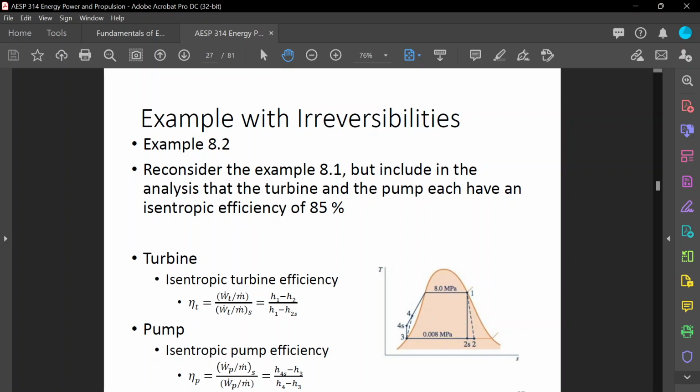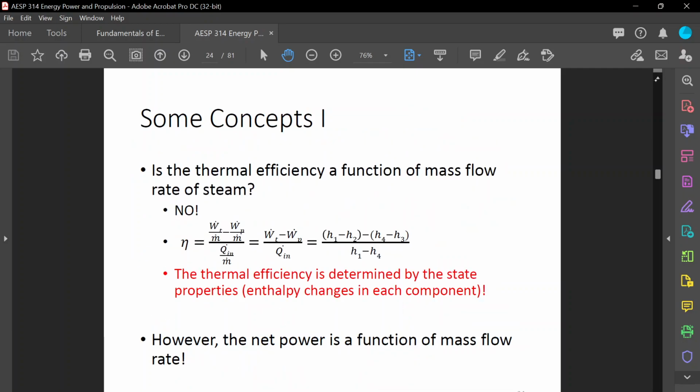Right. So this is example 8.2 of the book. We want to reconsider example 1. The only difference is that in our analysis, we are going to include the turbine and pump efficiencies of 85%. Let me go back to example 1. So you already know what you are given in this problem.